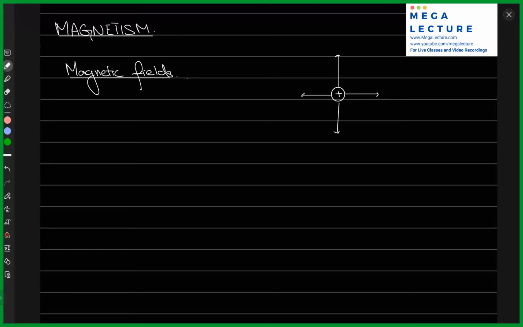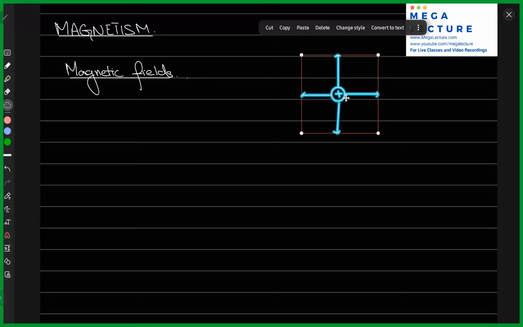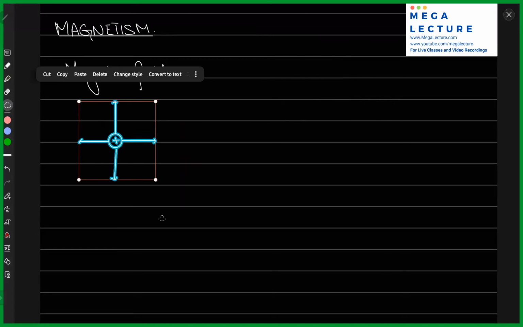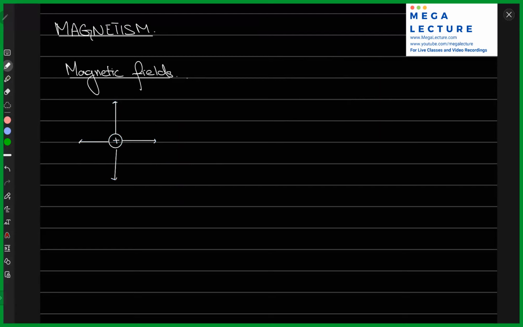Now, if the charge is static and not moving, then the only field that it will experience is an electric field, right? So for an electric field to be experienced, you need a charged object. It could be positively charged or negatively charged, but it should be charged. And if it is charged, that would imply that there would be some electric field around that charge.